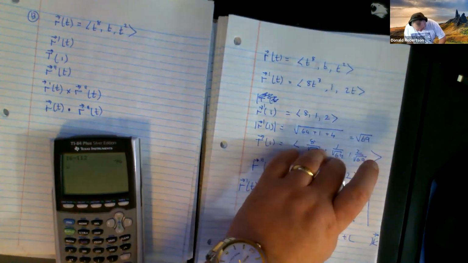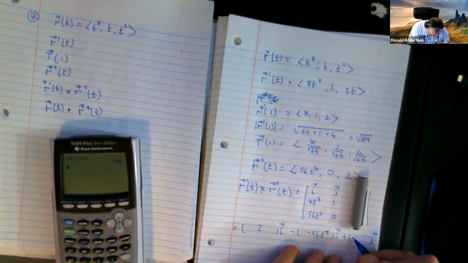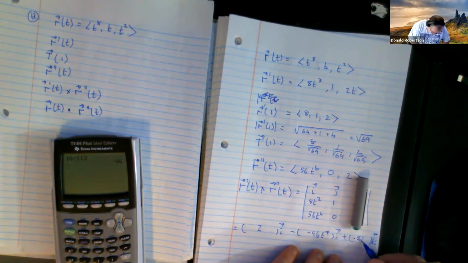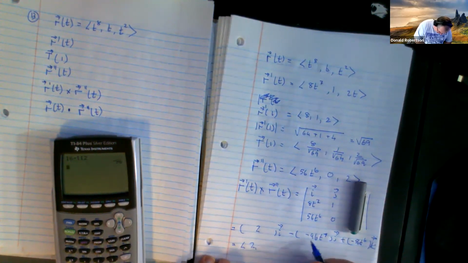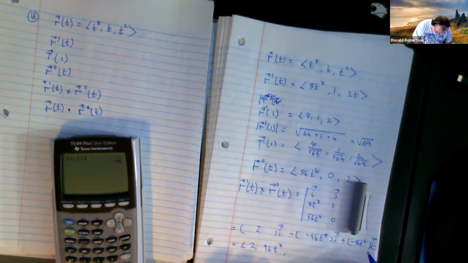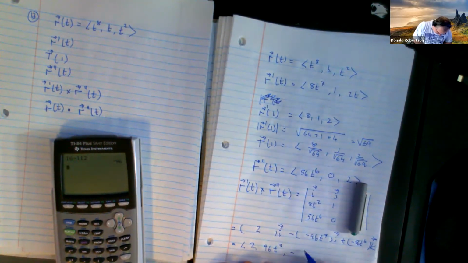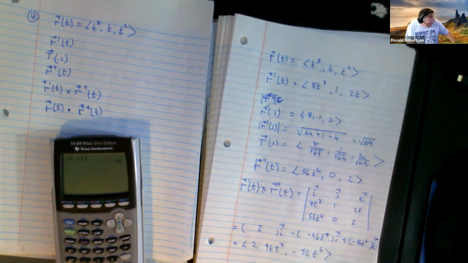And if you do this guy, you get nothing, take away this fella, so you get negative 56t to the 6. So it's a 2, a positive 96t to the 7, and a negative 56t to the 6. It's not very pretty, but that's what they asked for.